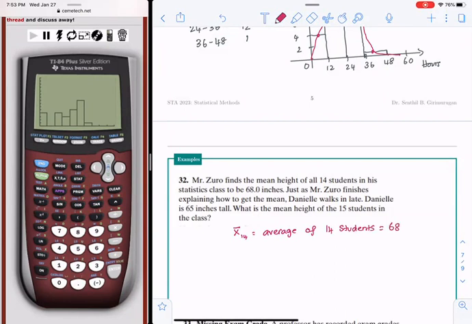And just as Mr. Zero finishes explaining how to get the mean, Daniel walks in and Daniel is late. But what we know is Daniel is 65 inches tall. Now we want to find the mean height of 15 students using what we already know. So what is the average of 15 students?